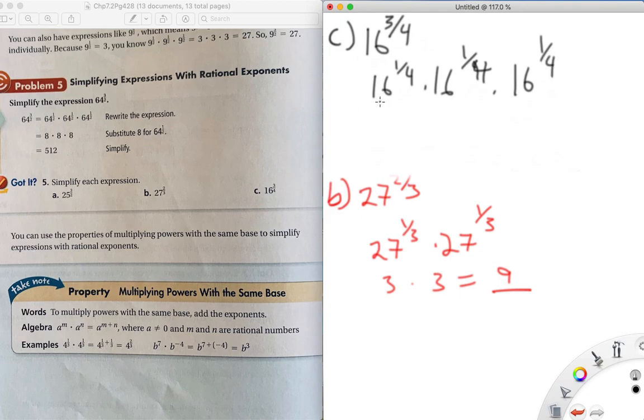And from the earlier problem, we said that the fourth root, or the number that you multiply 4 times to get 16, is 2. 2 times 2 is 4, times 2 is 8, times 2 is 16. So 2 times 2 times 2, and that gives me 8.